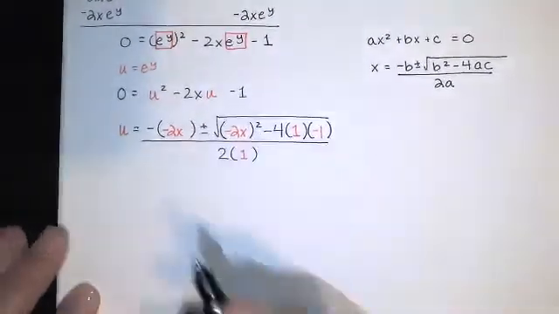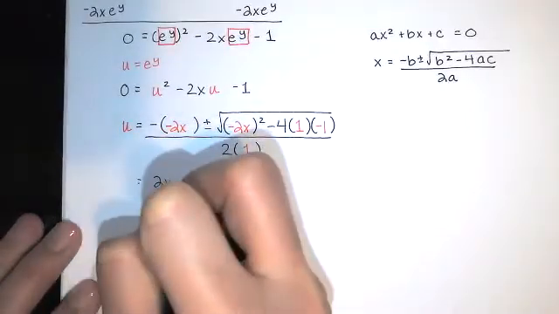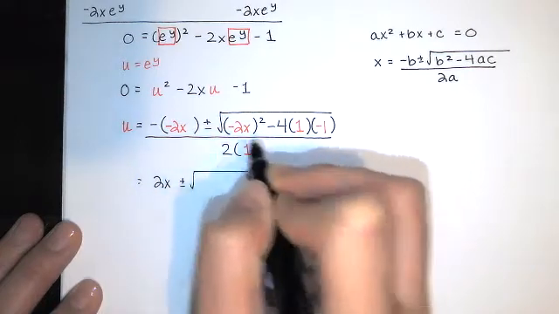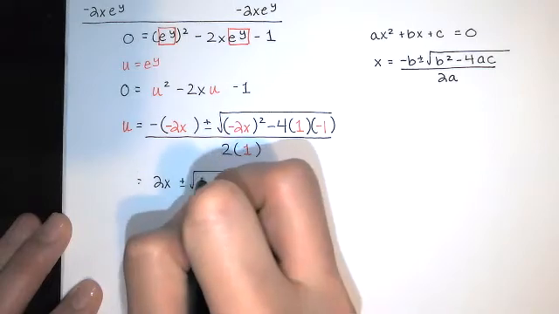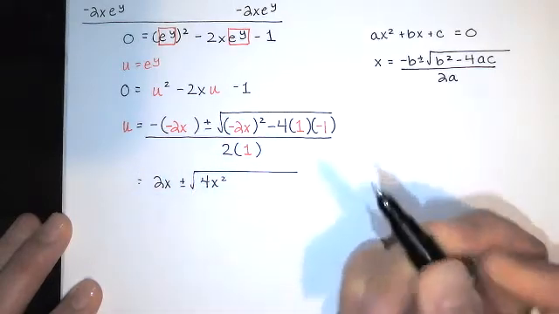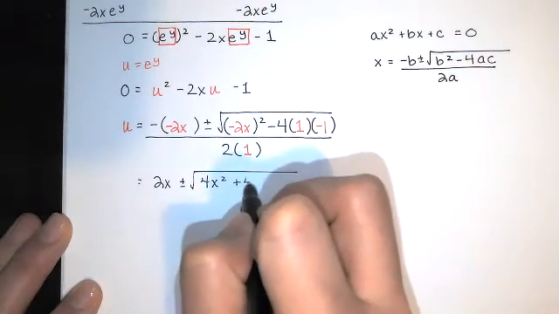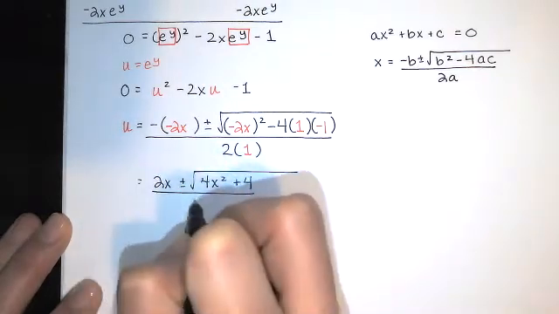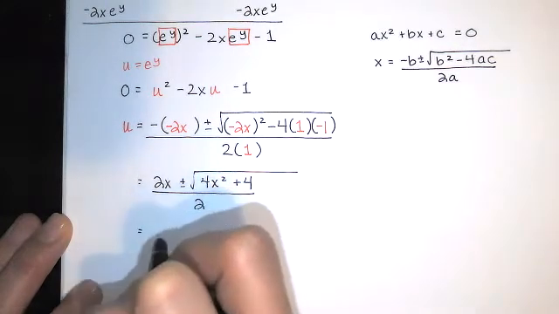Let's simplify this and solve for u. A negative 2x is positive 2x. Over here we've got a product squared, so we can square both factors separately. Then I'm subtracting 4 and I'm multiplying by negative 1, so that's the same as adding 4. We're dividing all of this by 2. Okay.